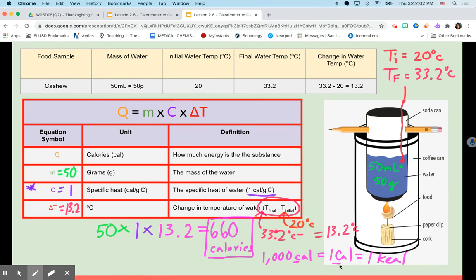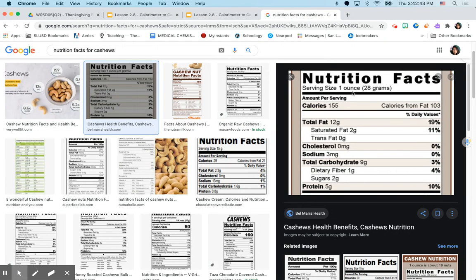Well, if you could, go ahead and find a snack right now and look at the nutrition facts label, right? If you look at the nutrition facts label for a cashew, I just Googled this real quick, notice that this is in capital C. And if you look at every single snack that you find, all of the nutrition facts labels are in capital C. So this 155 calories is not in lowercase c.